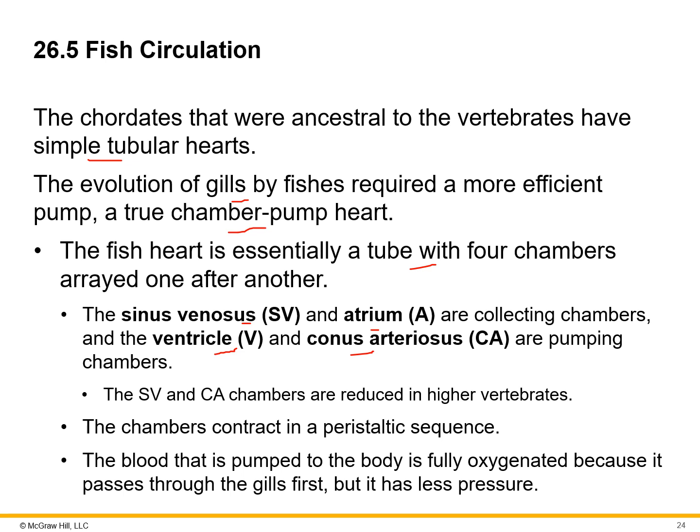And then again, those are reduced in the higher vertebrates. Those chambers contract to allow rhythmic movement of the blood through the heart. Then it gets pumped to the body, and it's fully oxygenated because it goes to the gills first, but it also has much less pressure than what a vertebrate heart would.